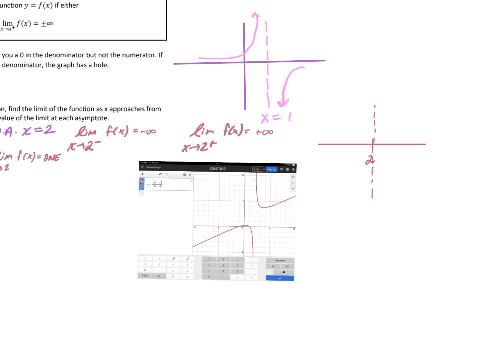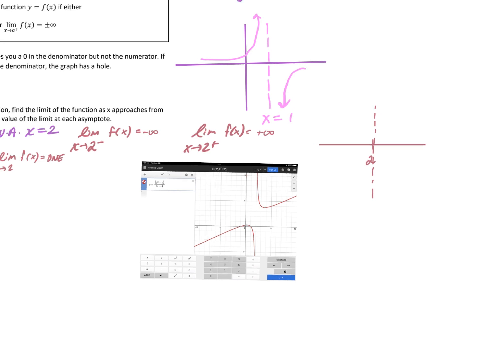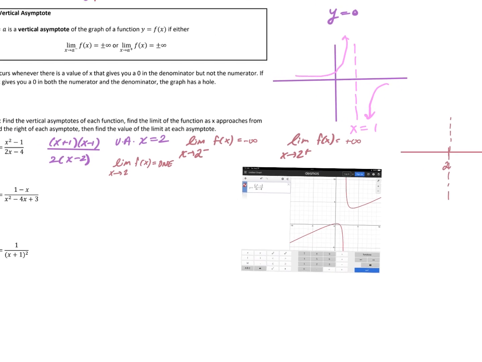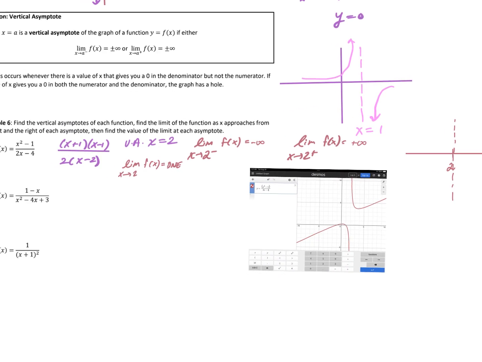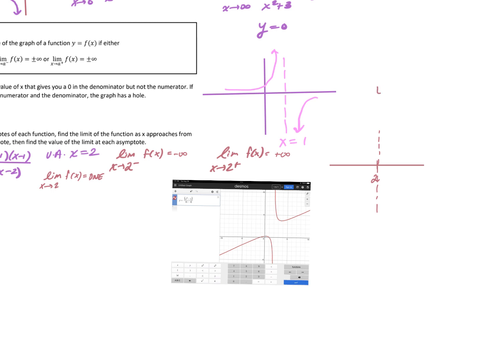You can pick whole numbers to the right and to the left, but you definitely don't want to pick, when I look at the top here, 1 and negative 1, my zeros of the function. So x equals 1, x equals negative 1. If 2 is here, this would be 1, and this would be 3. So you want to make sure you stay in between the 1 and the 2.